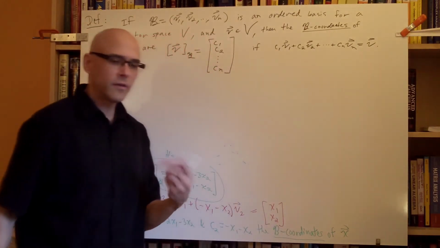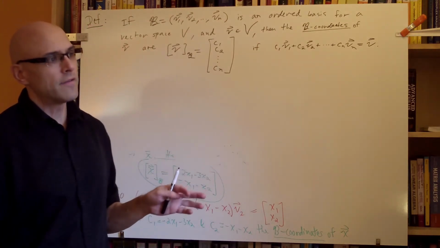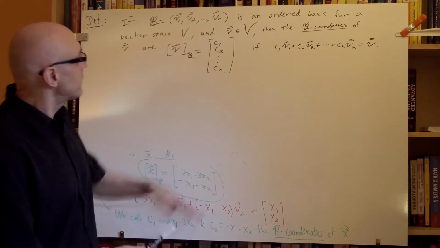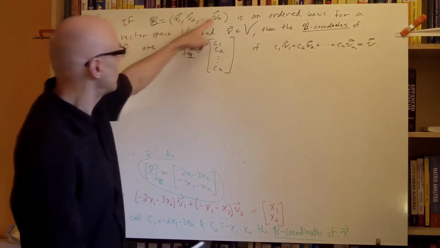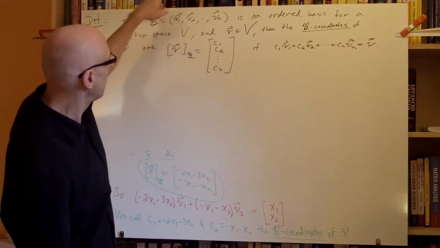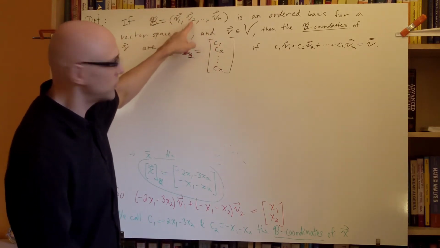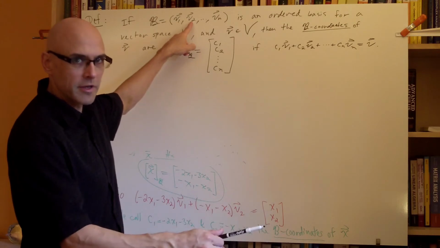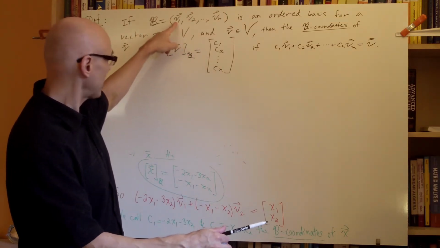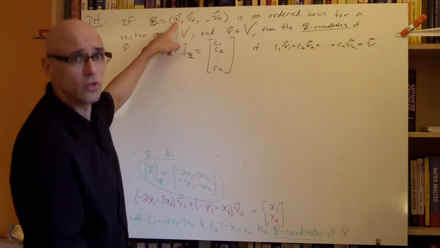Now generally any vector space will have usually different possible bases. And even for a given basis such as this one, you can put them in different orders, right? We could decide to call V2 the first element in the basis, maybe call it U1, and then let V1 be called U2.